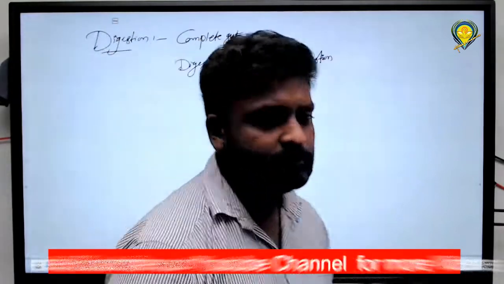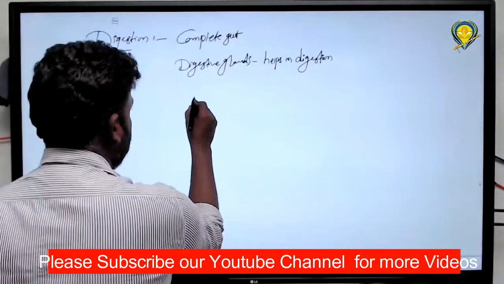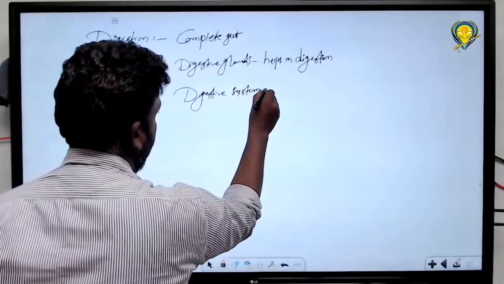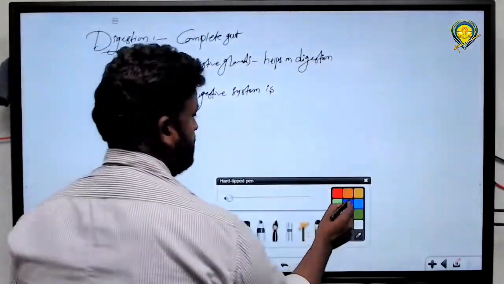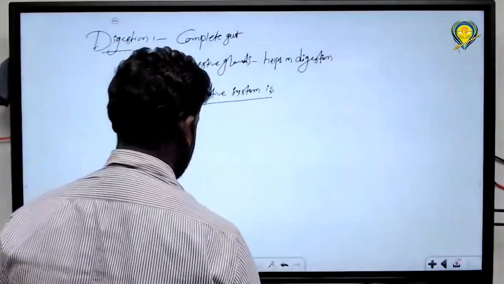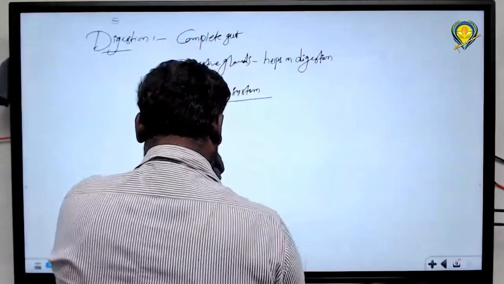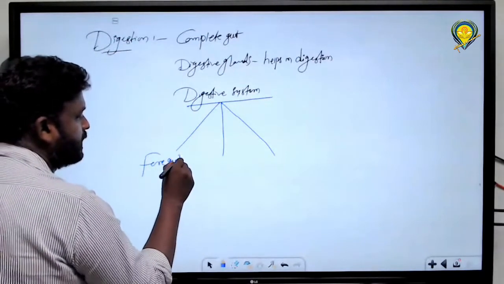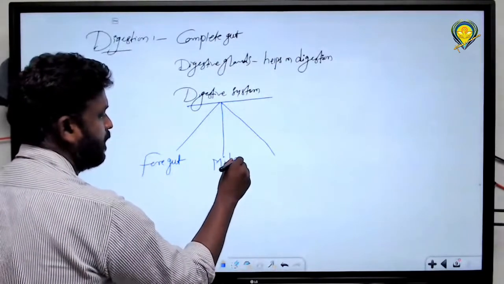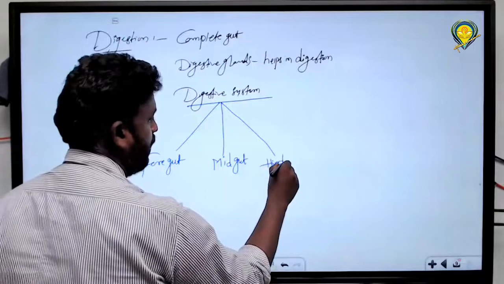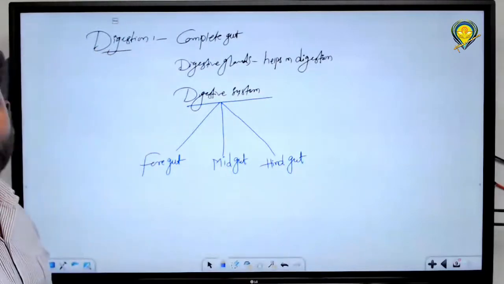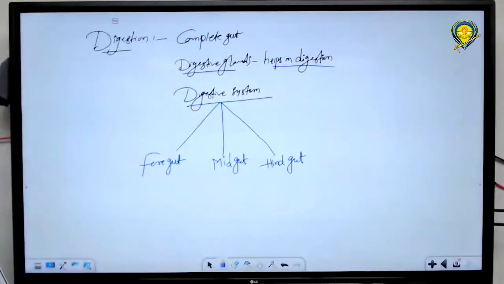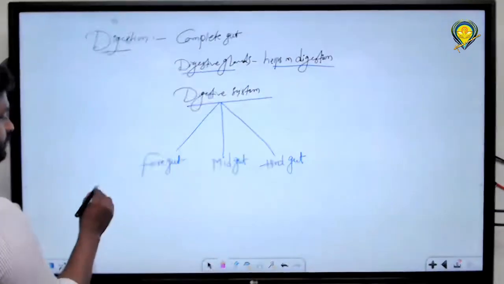The digestive system is divided based on the gut. What are those? Tell me. Foregut. Next one, midgut. Hindgut. Digestive glands are there, which help in digestion. After digestion, what do we discuss?